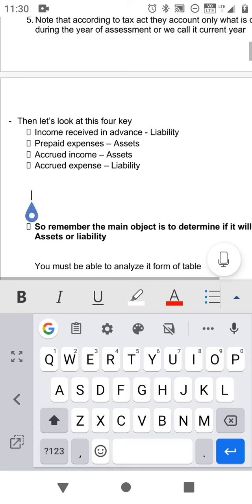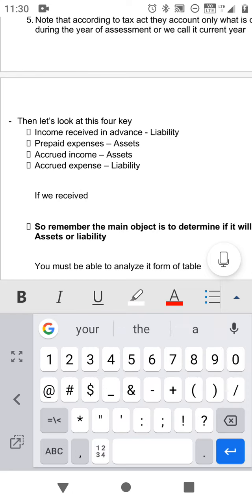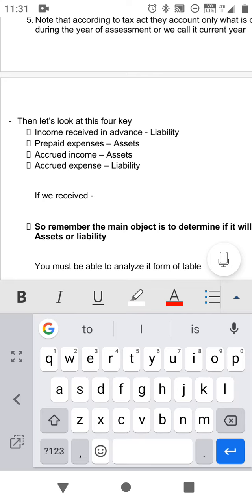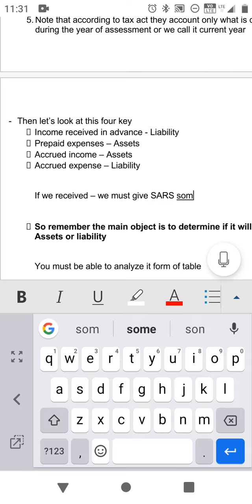You know that if we receive something, it's an asset to us, right? Which means we must give SARS something. In other words, we must pay SARS.